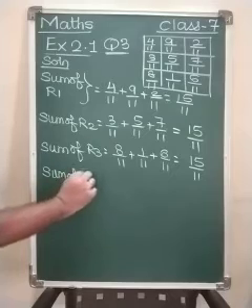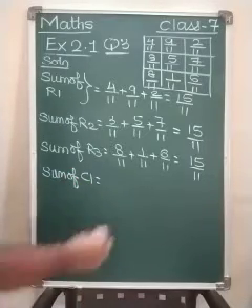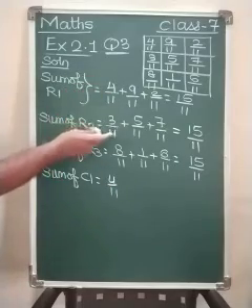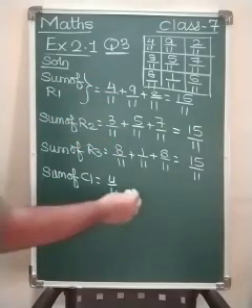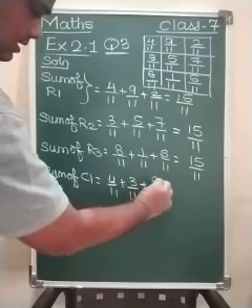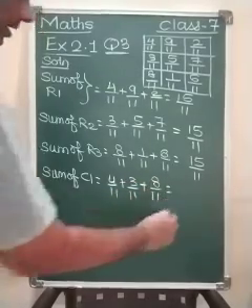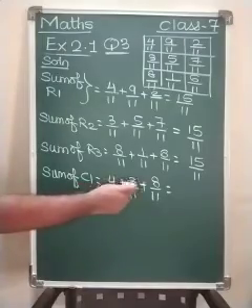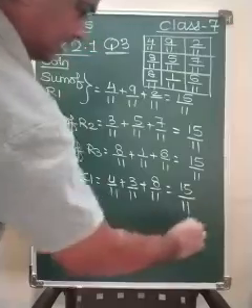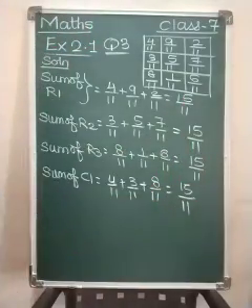Sum of C1 equals to 4 upon 11, 3 upon 11, 8 upon 11. 4 upon 11 plus 3 upon 11 plus 8 upon 11 equals to 4 plus 3, 7, 7 plus 8, 15. So maybe this is a magical square because all are 15 upon 11.